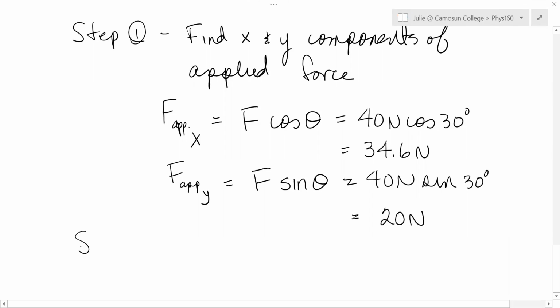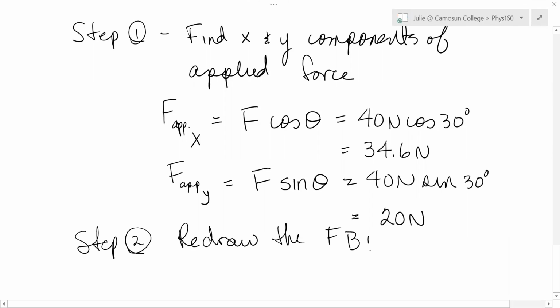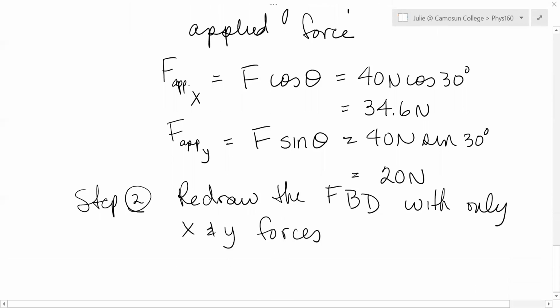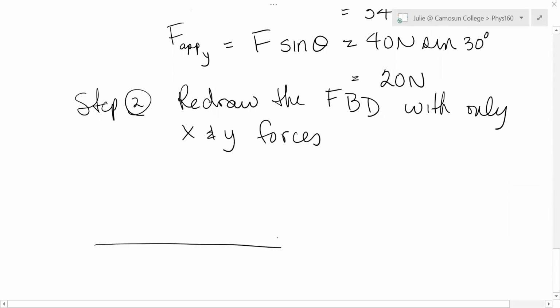Okay, step 2, redraw the free body diagram with only x and y forces. Don't put the force at an angle anymore because that's too messy. So what do we have? We know we have a normal.